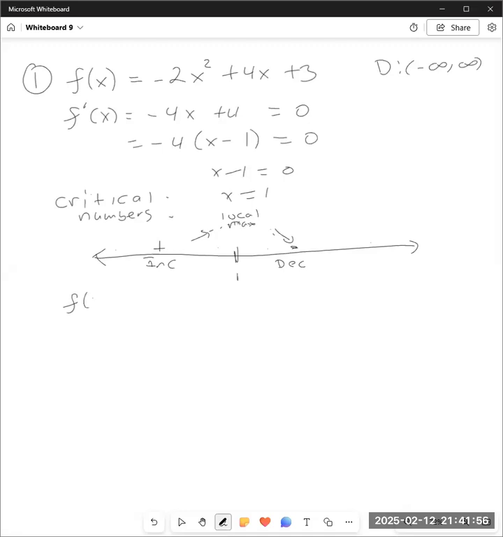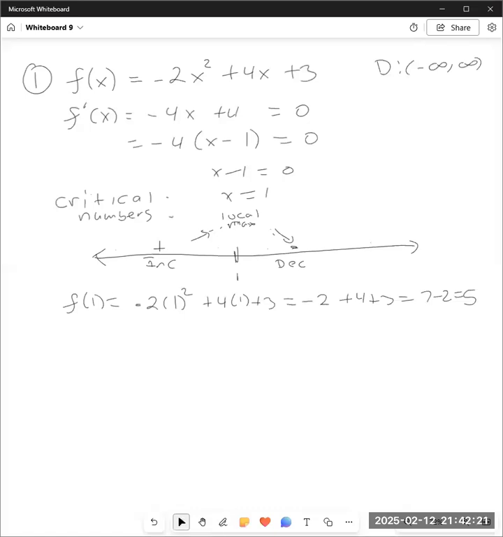If we go ahead and stick that x value into our original, we have negative 2 times 1 squared plus 4 times 1 plus 3, which is negative 2 plus 4 plus 3. 7 minus 2 is 5.